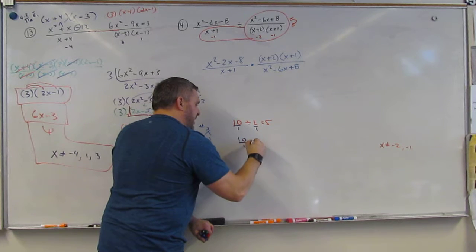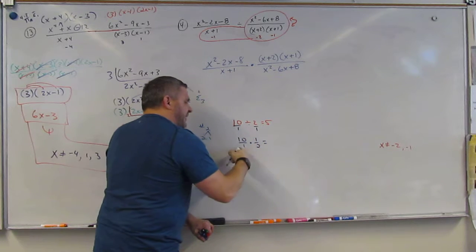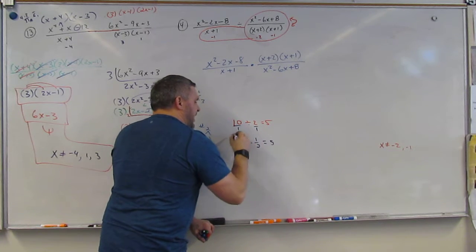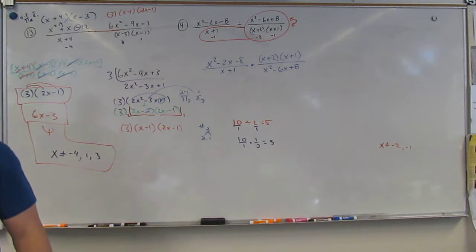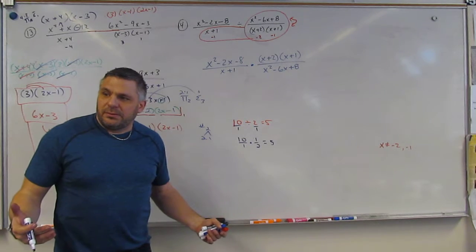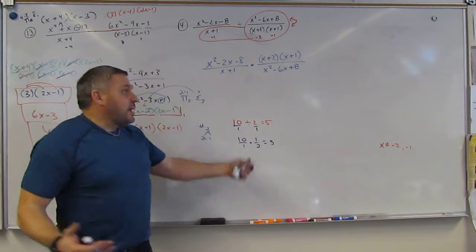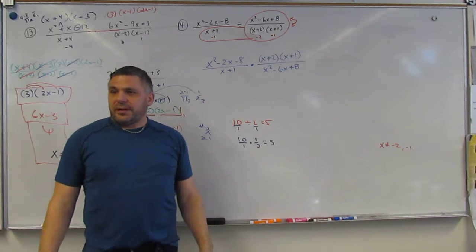You would have to flip this one, and then you would get half of 10 is 5. That's using what you know to figure out what you don't know. So if you don't know which one to flip, use something that you know, make it work, and then do the same thing with the one you don't know.